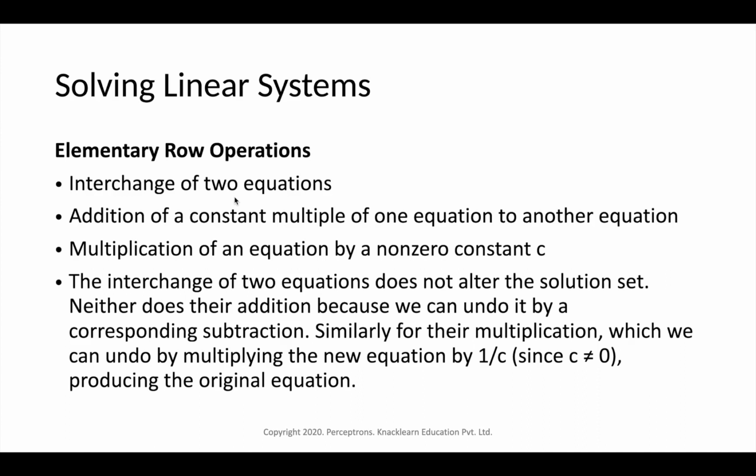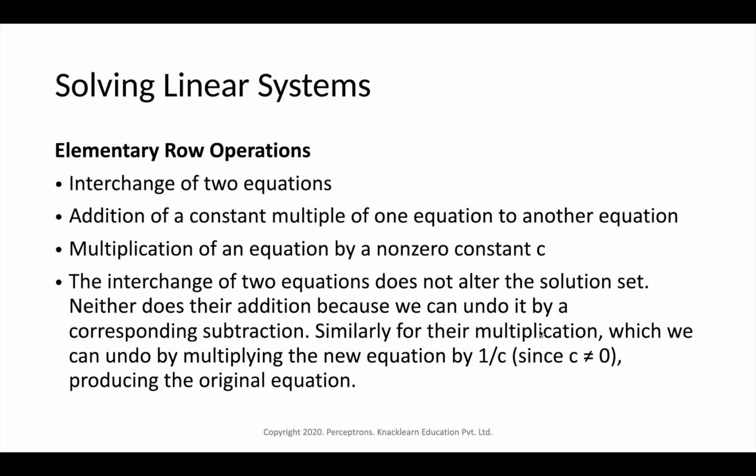If we interchange two equations, we can change the positions again. If we interchange the positions, we know it is not going to alter the solution set. Neither does addition, because we can undo it by a corresponding subtraction. Similarly, multiplication can be undone by division.